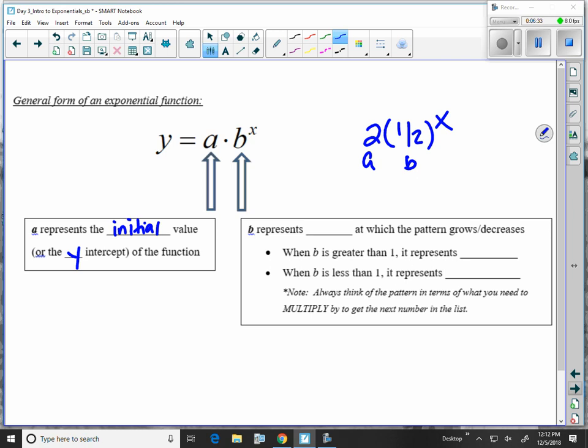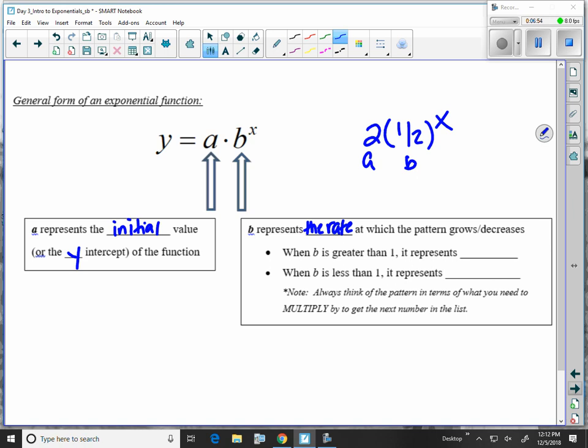Okay, b represents the rate at which the pattern grows, or decreases. So let's zone in here, okay?